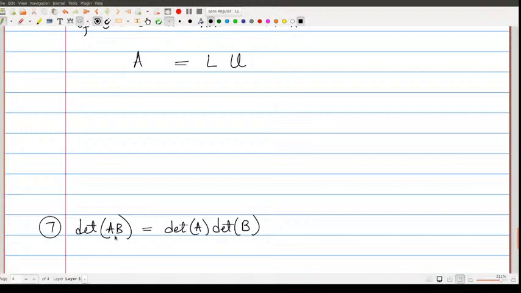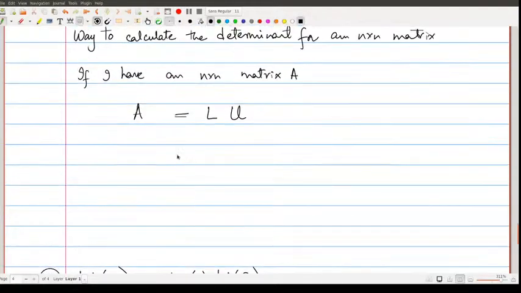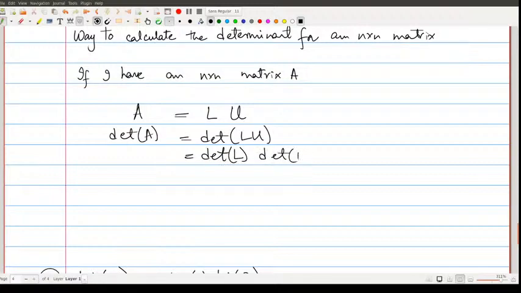If two matrices are being multiplied, then they have to be square, just by the way, so that each of their determinants is individually defined. So if two matrices are being multiplied, their determinants are also being multiplied, right? Okay, so this property 7 I'm going to use now, that the determinant of A is just equals to the determinant of LU, which is just equals to the determinant of L times determinant of U.